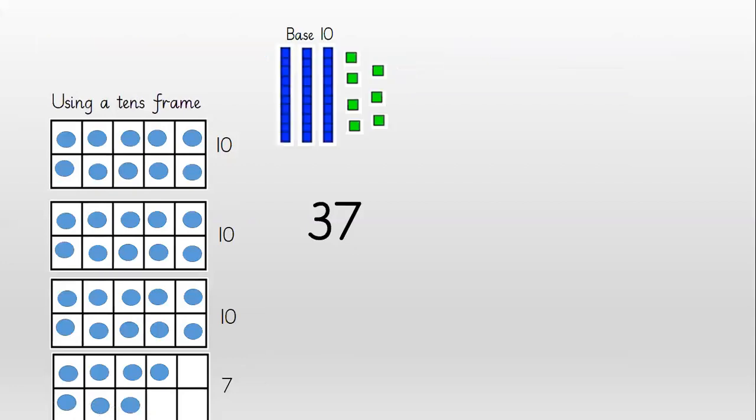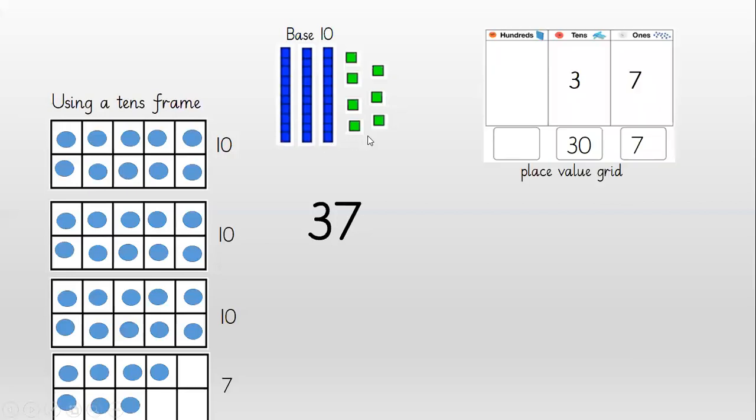If I use base 10, I still see that I've got 3 tens and 7 ones. In my place value grid, I've got no hundreds because it's a 2-digit number. I've got 3 tens and 7 ones, which makes 30 and 7, which still gives me 37.